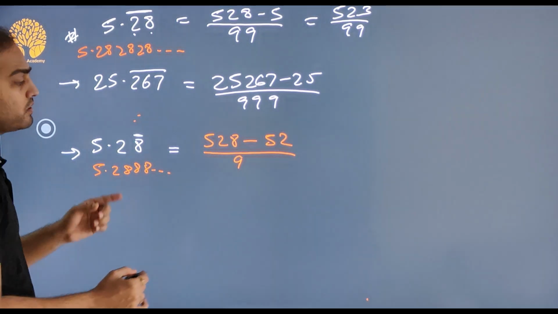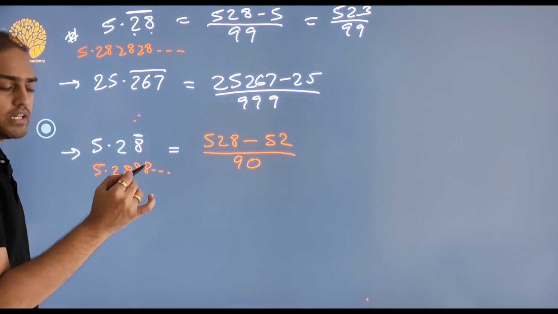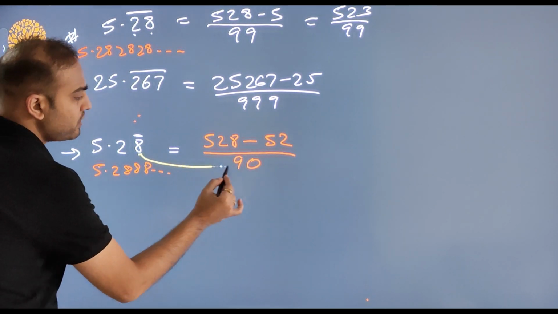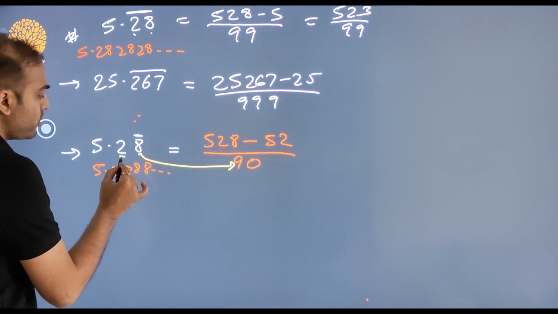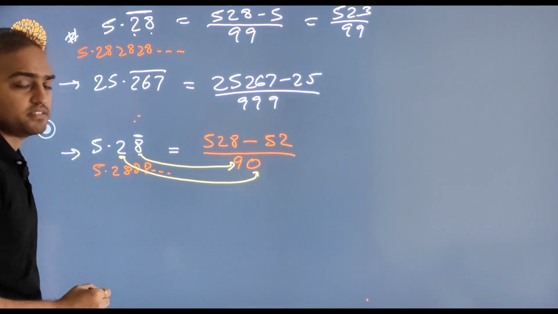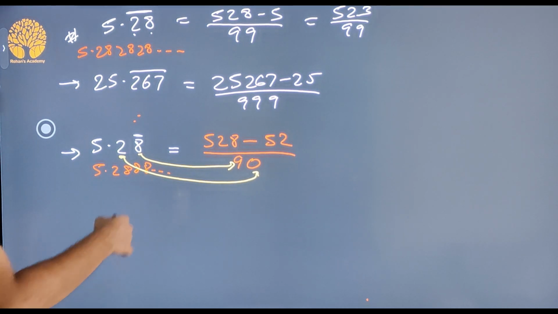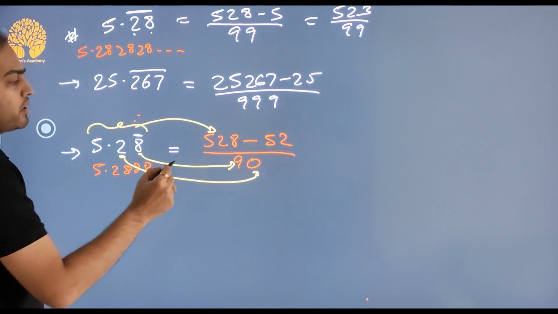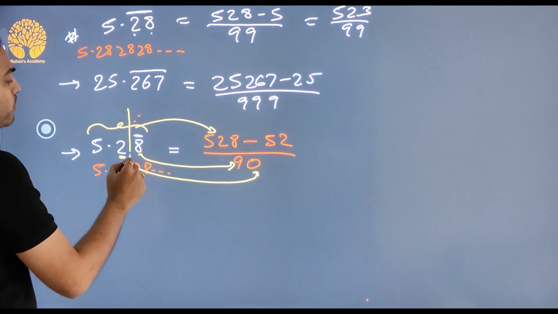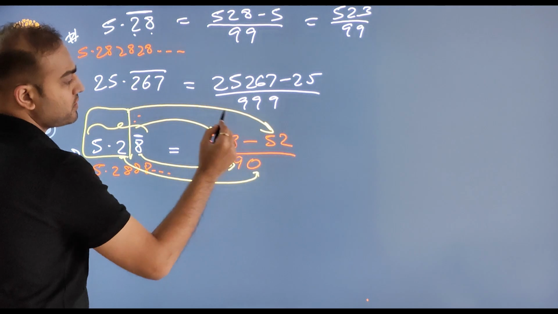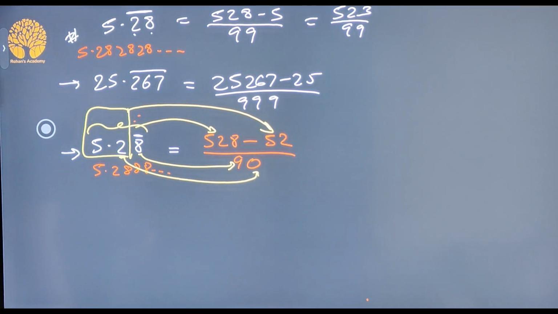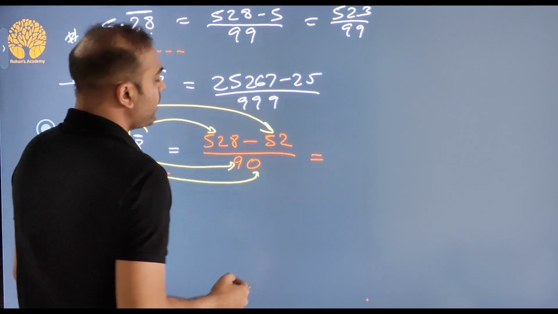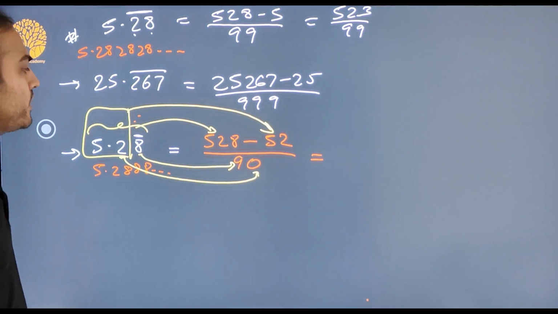This is a normal decimal. So for a normal decimal 0 will come, for the bar decimal 9 comes. And likewise in the numerator, the whole number as it is minus the number without bar, that's 52. Now you just solve and simplify.